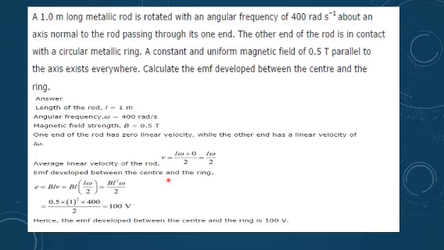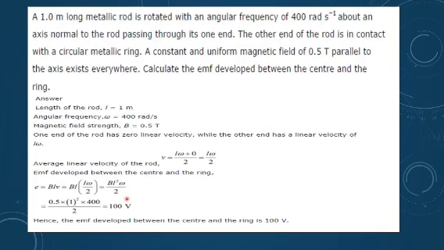So the formula for EMF, you know, is given by BLV, and for finding V you will be taking the average linear velocity, which is initially 0 and then you are rotating it. Then you are able to get V, or simply you can write the value here in this formula, which is coming out to be B L square omega by 2.